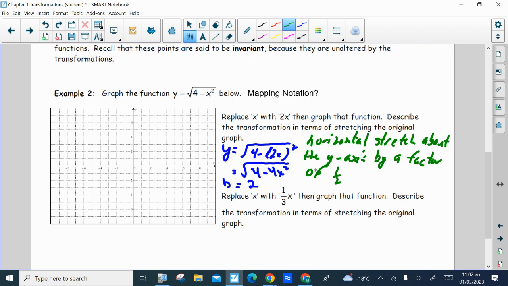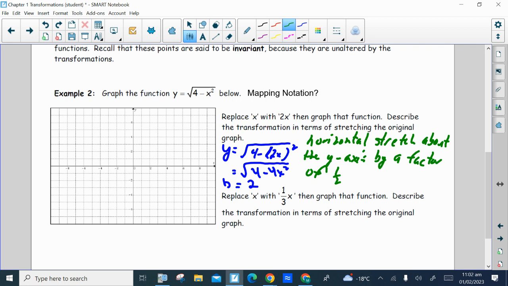That's what happened. The graph shows us that. The y-intercept stayed the same, so it wasn't a vertical transformation. The x-intercepts are half of what they were before. And even though you can't really see on the graph, all the x values are half of what they were before.